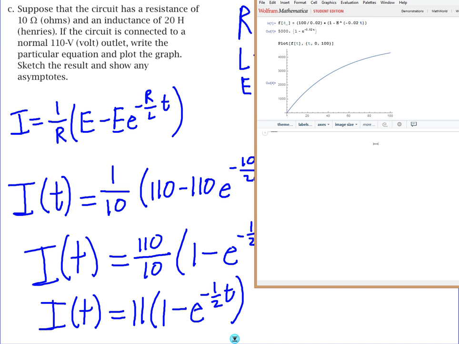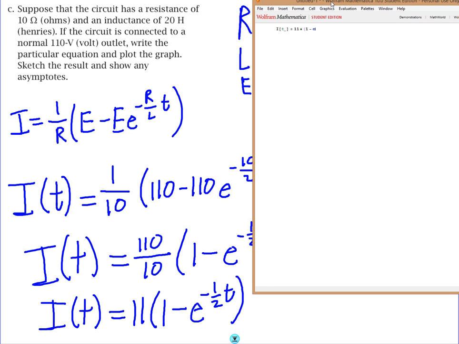Okay, so we're going to make some function called I of t, and it is equal to 11 times 1 minus e to the, this top graph here is from problem 1, I can get rid of that.